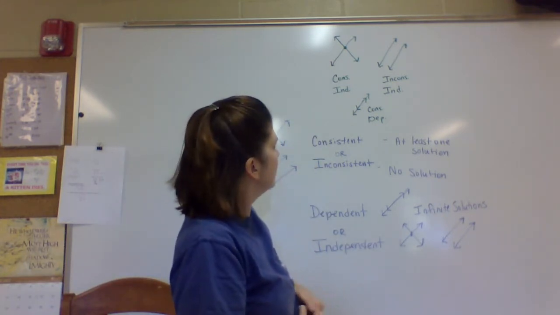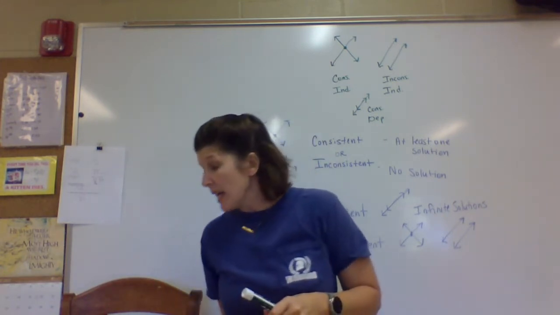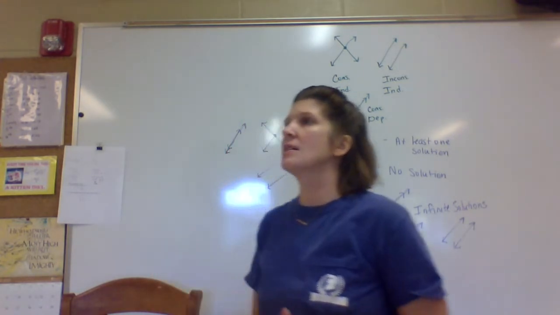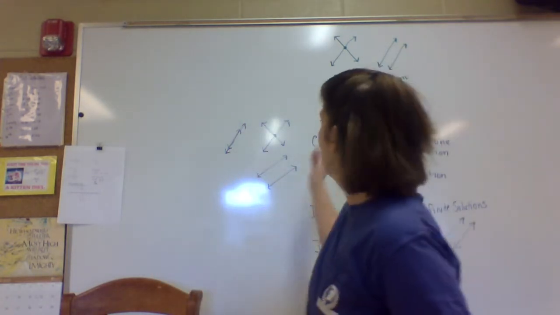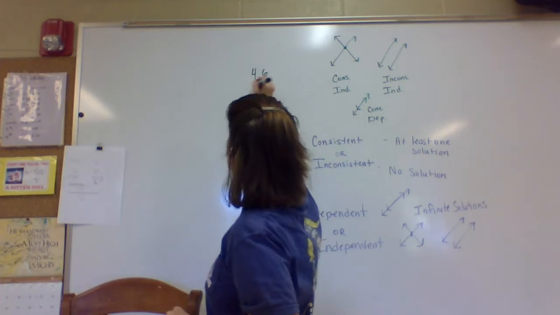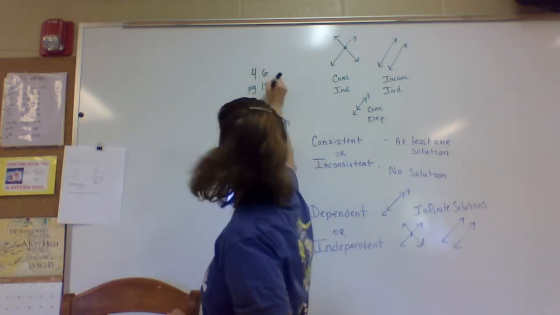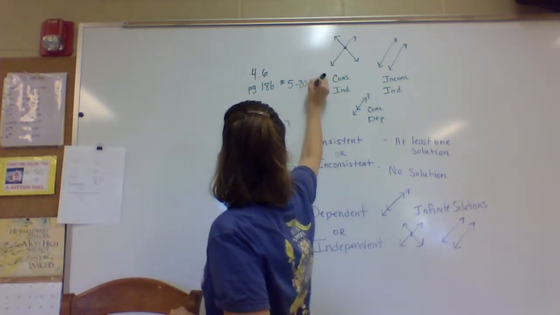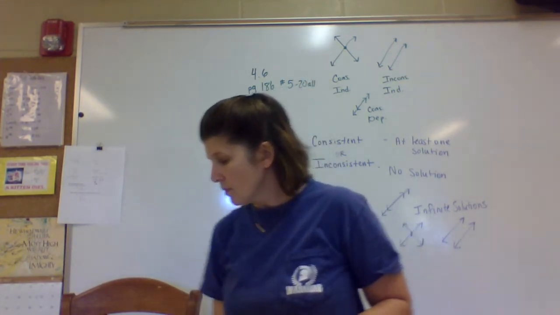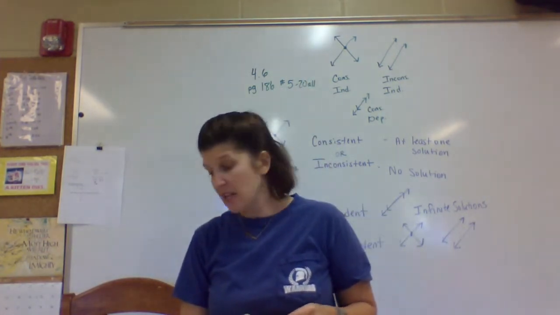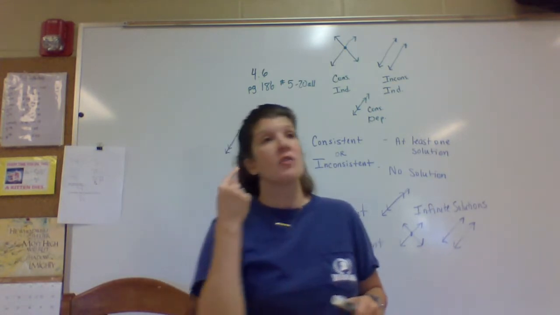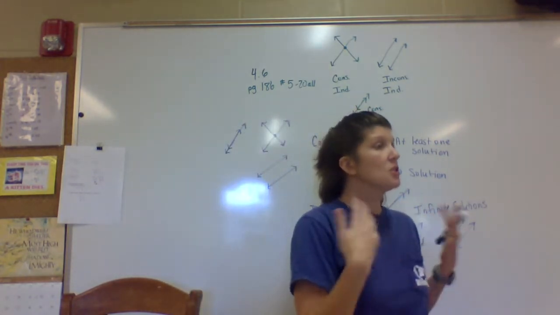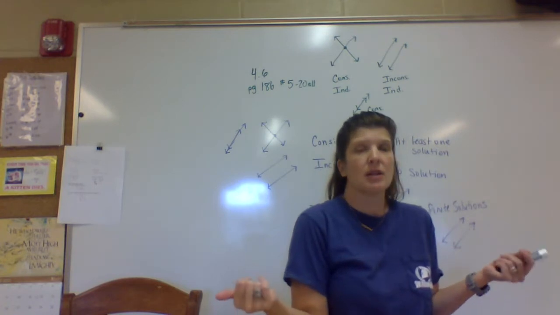Okay, so in your work, which I'm going to write up here for the purpose of the camera, 4.6, page 186, we're doing 5 through 20, all of them. In the first section, it just says, are they consistent or inconsistent?